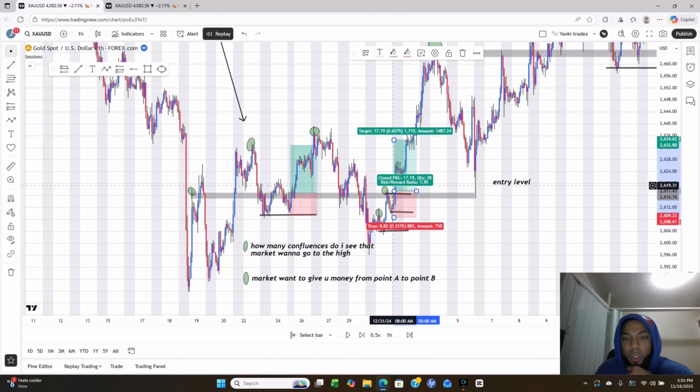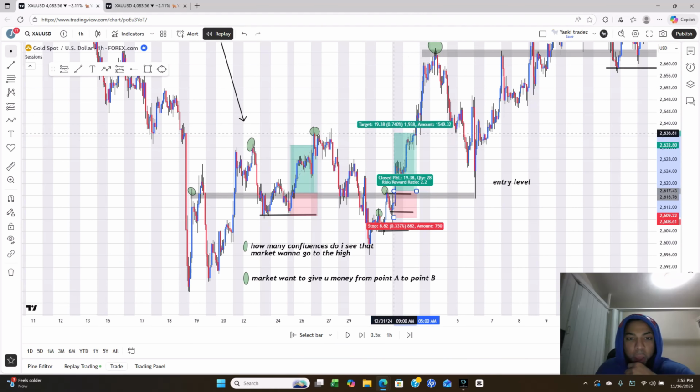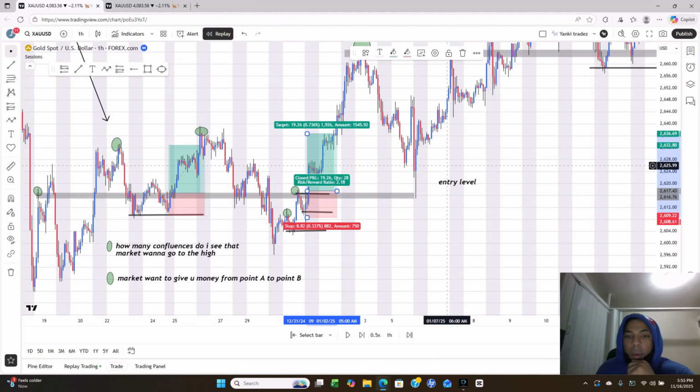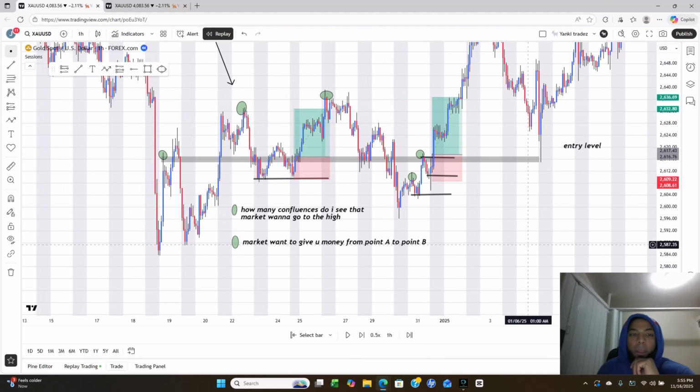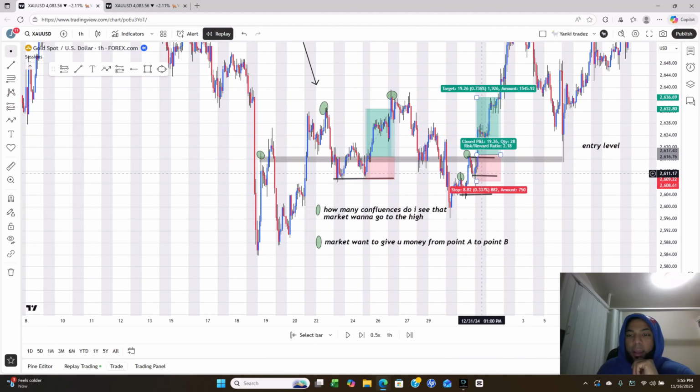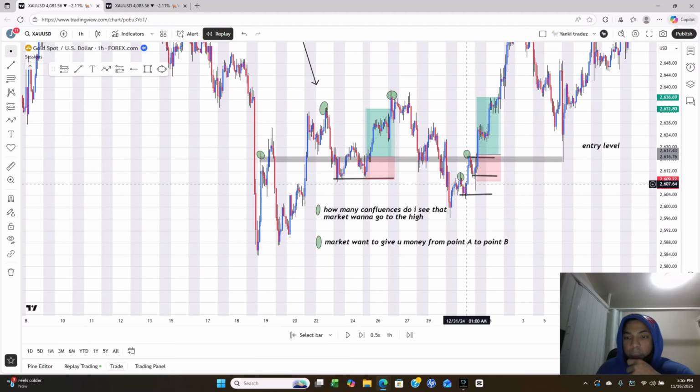When the market closes, most likely it's just going to react to the same high. It's okay to take a swing low. High, low, high. It's okay to put your stop loss here.